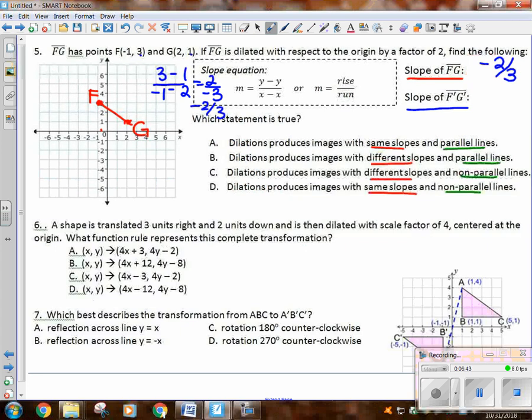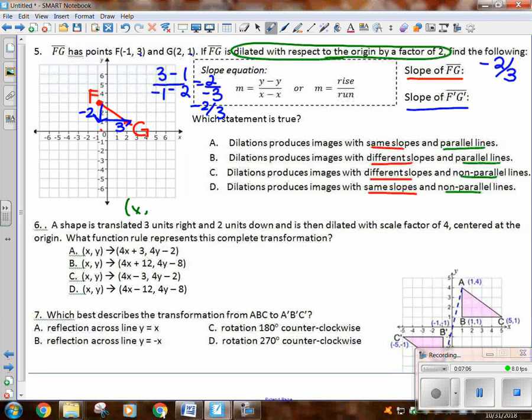If I had done that on the graph, I should find myself going down 2 and right 3, which also confirms a slope of -2/3. Now it also says to dilate this by a factor of 2. How do you dilate points? This is a good time to review.